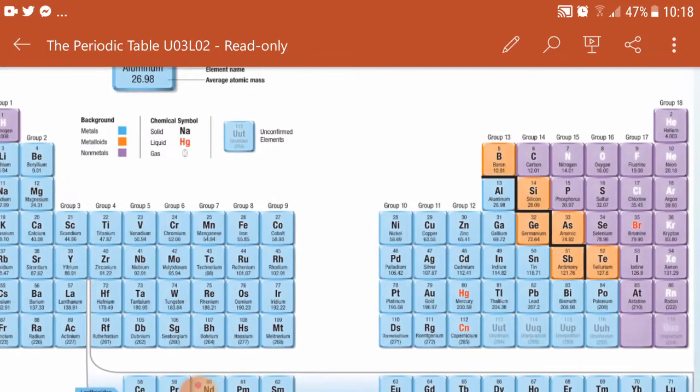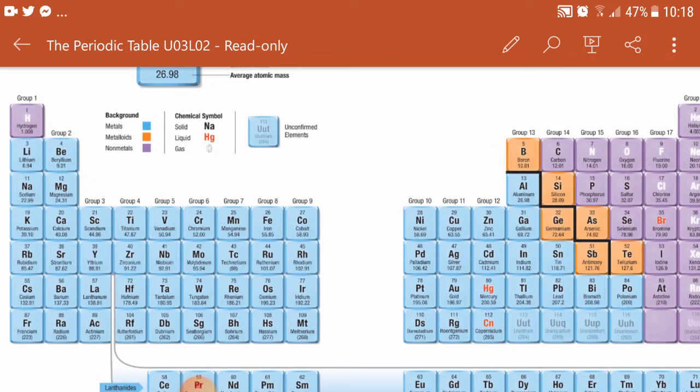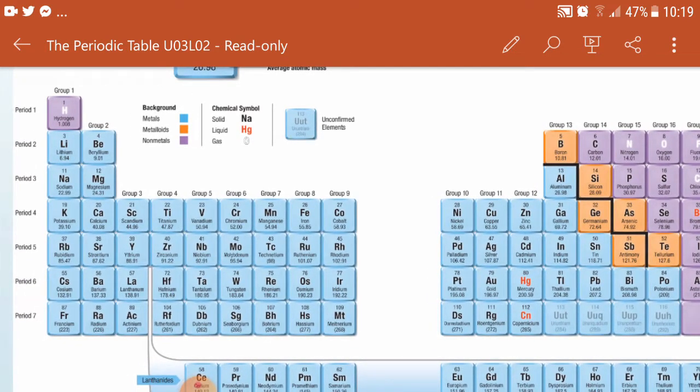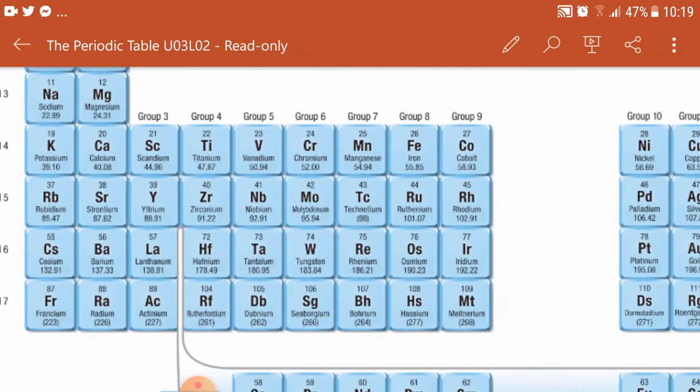Yes, the first row for hydrogen and helium, then the next row, the third row, and like this. Period 1, period 2, up to period 7.